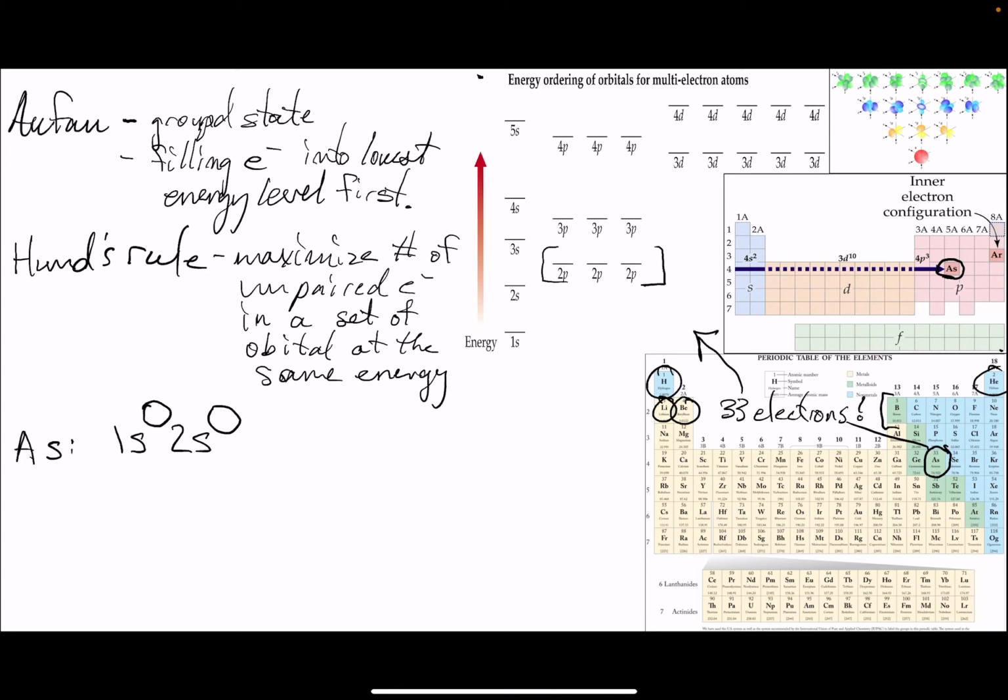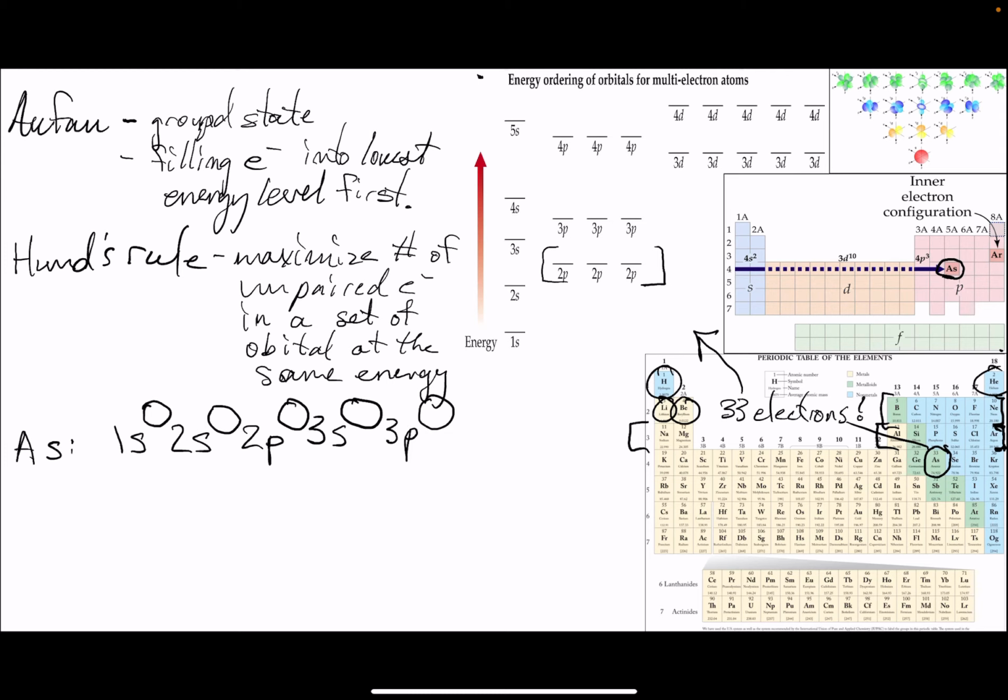We're now walking all the way across here, so we're into the P area now, so we can have a 2p, and we could put a number as large as 6 there. N of 3 this time, so 3s, and there are 2 options there, so I could put a number of 2 there. I'm now into the next 6 elements over in the P block, and so those are the 3p's, and I could put a number as large as 6 there.